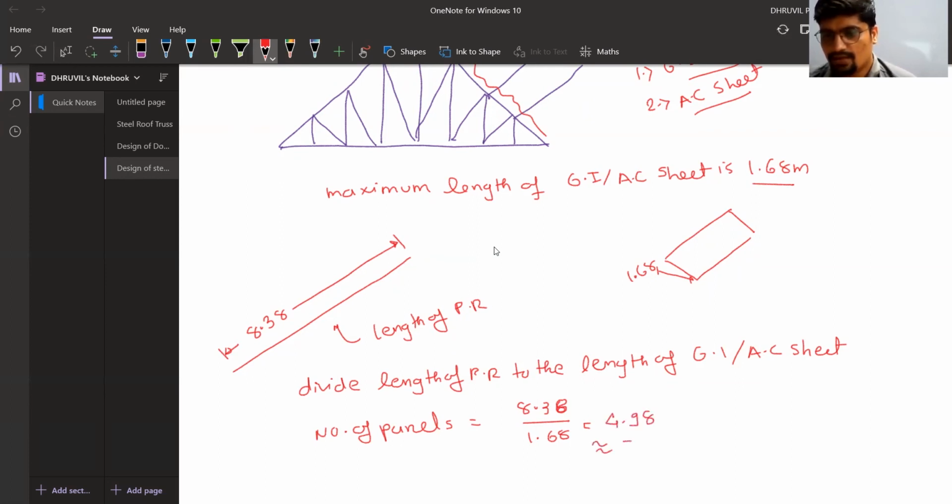In round figure we can say 5 numbers. Now we have found the number of panels, it will be 5 numbers.